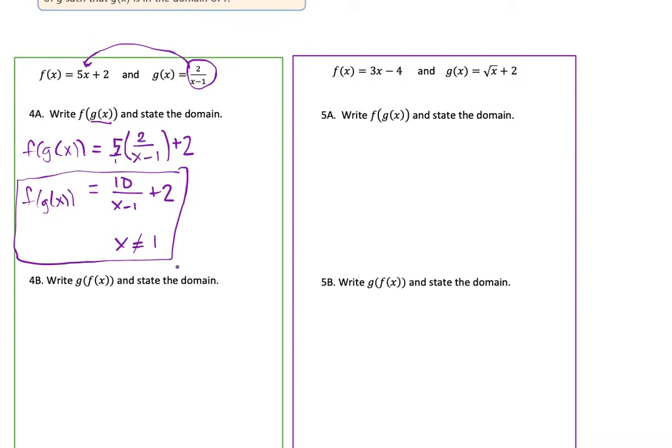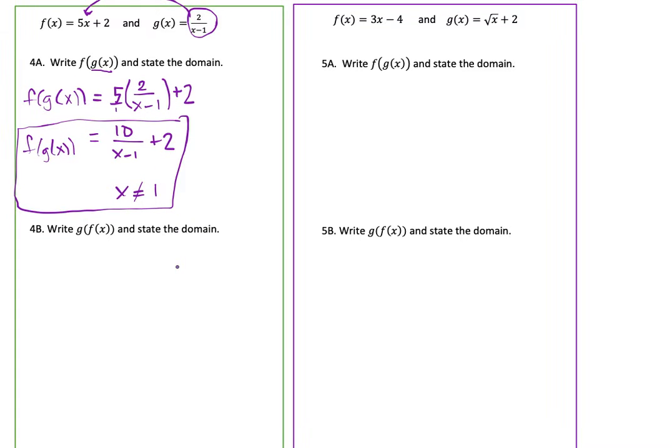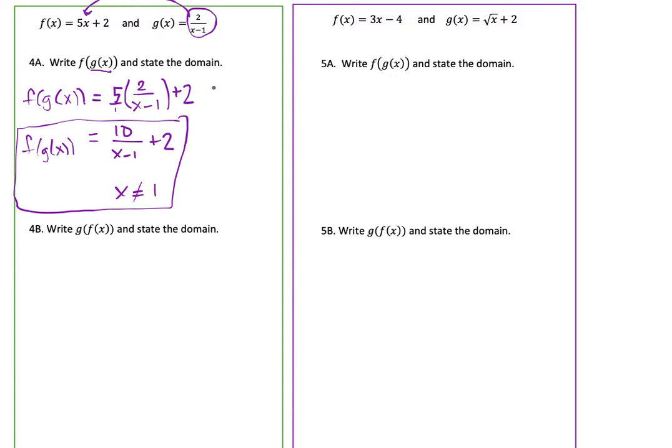This is my answer. We'll do the same thing, but the other way around. It says to write g of f of x. That means I'm going to take the f function and put it inside of the g function. So I will write g of f of x, and I'm going to put the f function in for x.